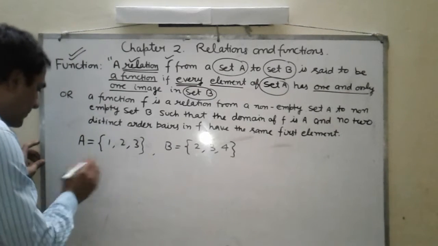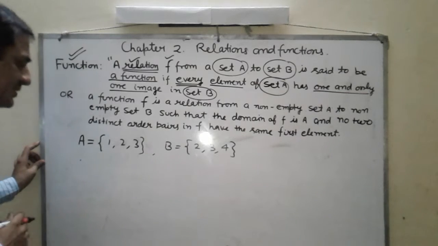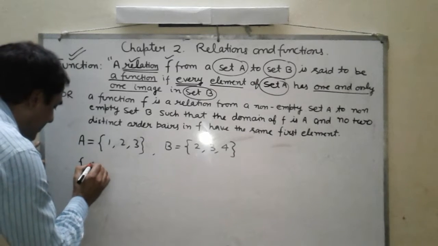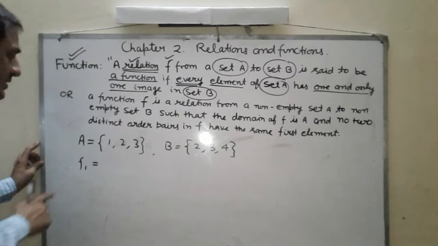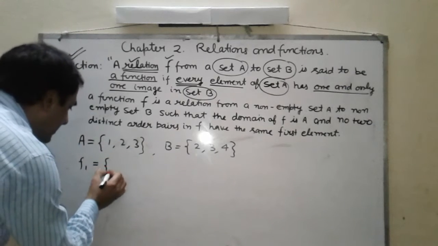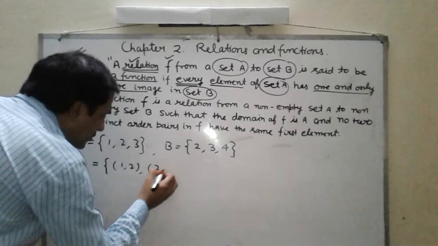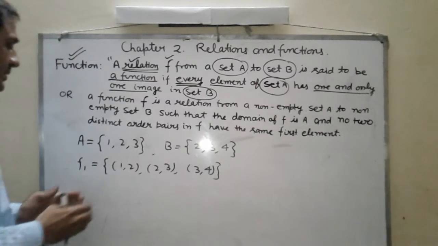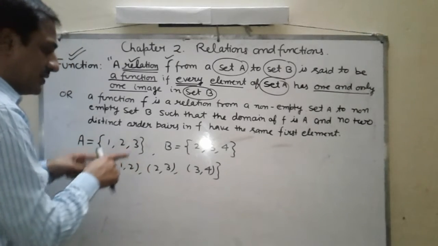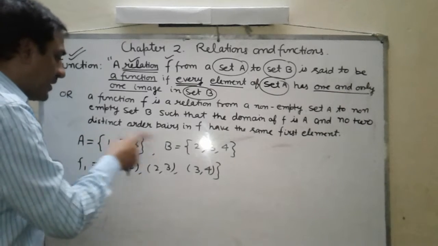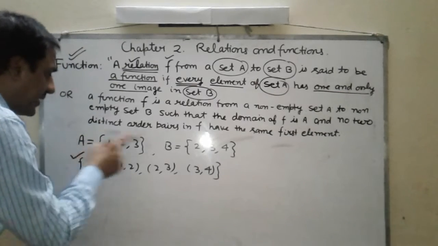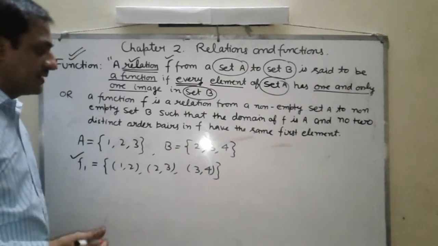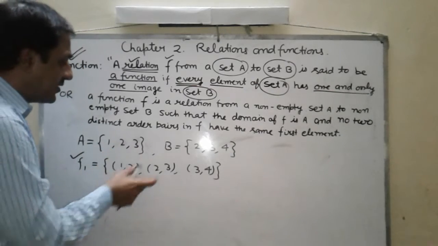If we take three subsets from set A to set B, like F1 is one subset of A cross B: (1, 2), (2, 3), (3, 4). Here, these three ordered pairs are from A cross B. F1 is a subset of A cross B. Here (1, 2), (2, 3), (3, 4) are elements of A cross B.